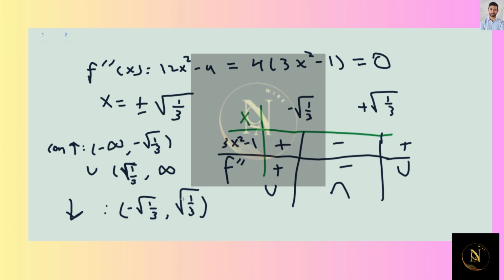And the inflection point occurs when we have changes in the signs of concavity. And this occurs at negative root 1 over 3 and positive root 1 over 3. So the inflection point occurs at plus or minus root 1 over 3. And that is all.